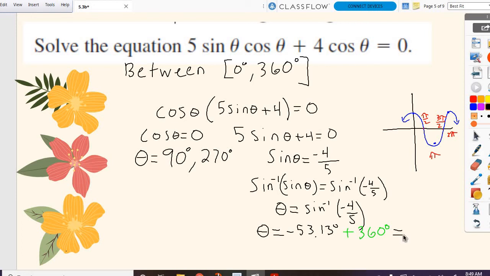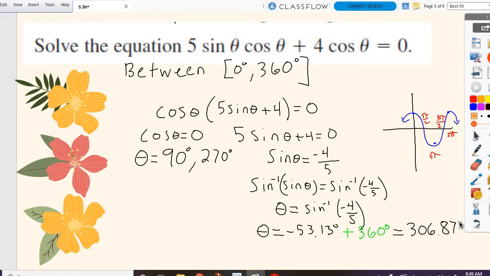So if we take that and then add 360, we're going to get 306.87 degrees. And that would be our answer.